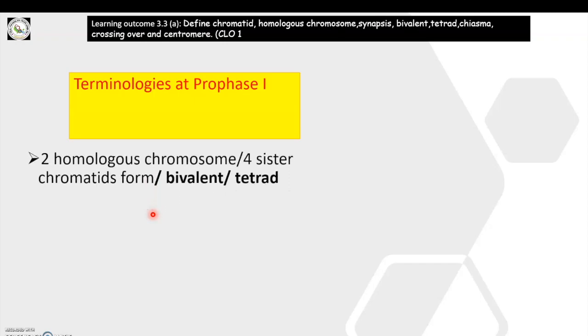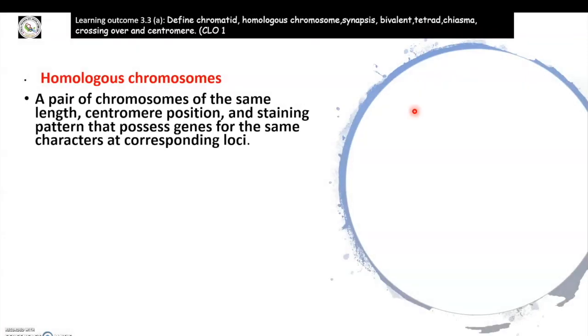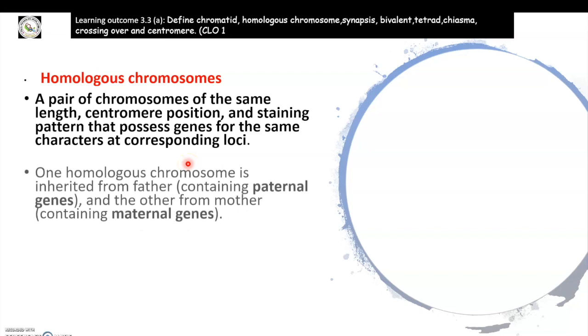Okay, the important part is prophase 1, where we have other terms like homologous chromosome, sister chromatid, four sister chromatids, bivalent, or tetrad. So this diagram refers to these terminologies. Now we go on to another term, homologous chromosome. A pair of chromosomes of the same length, centromere position, and staining pattern that possesses genes for the same characters at the corresponding loci.